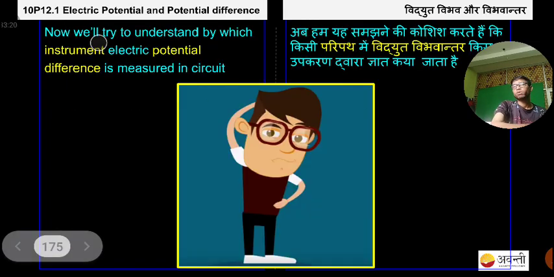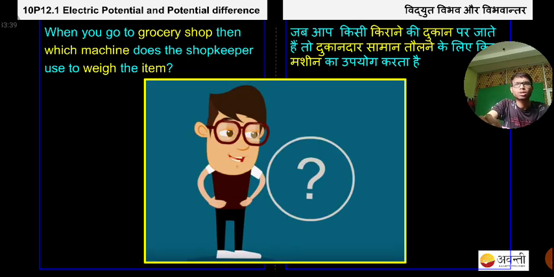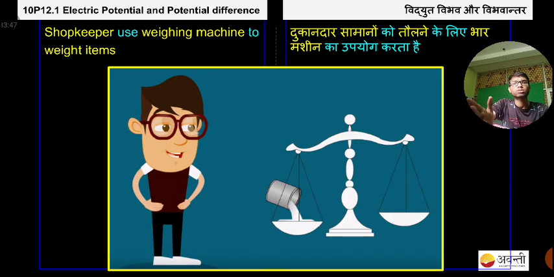Now we will try to understand by which instrument electric potential difference is measured in a circuit. Here a different device will come, not the ammeter. When you go to a shop, which machine does the shopkeeper use to weigh the item? The weighing machine.